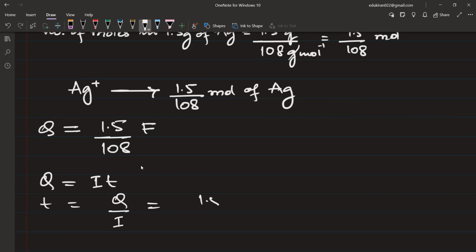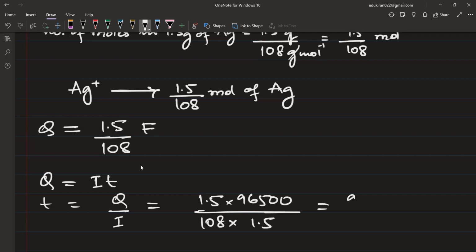Q is equal to 1.5 upon 108, Faraday का आप लिख लीजिए 96500, divided by what is the current? Current is 1.5. Wait a second. Q is equal to 1.5 upon 108 Faraday.